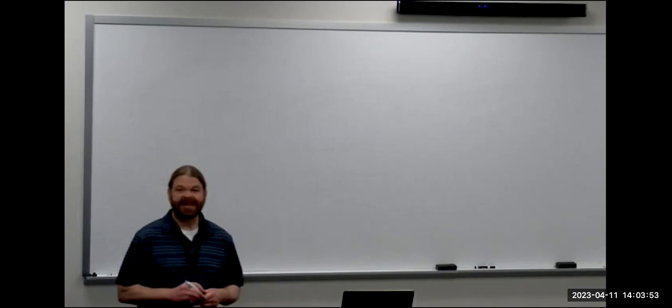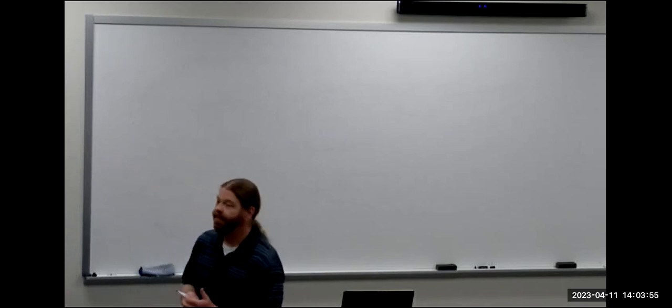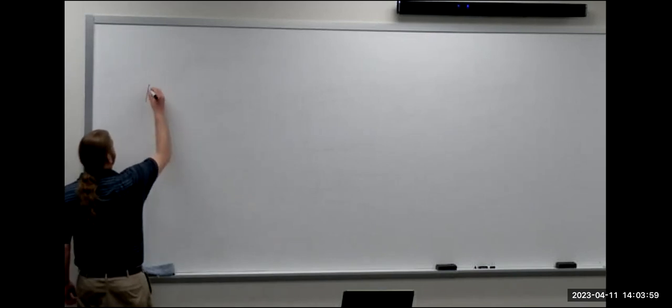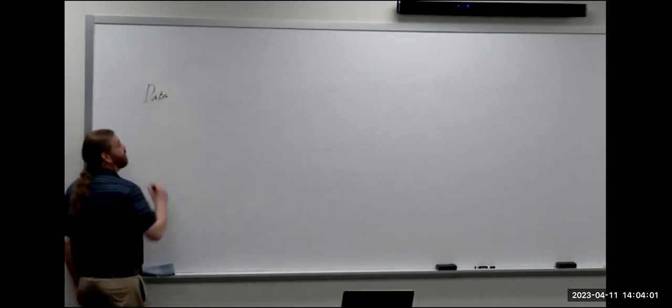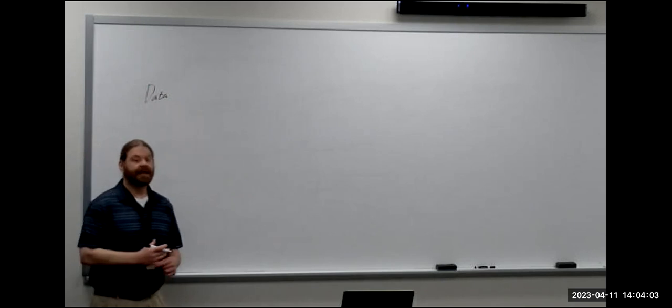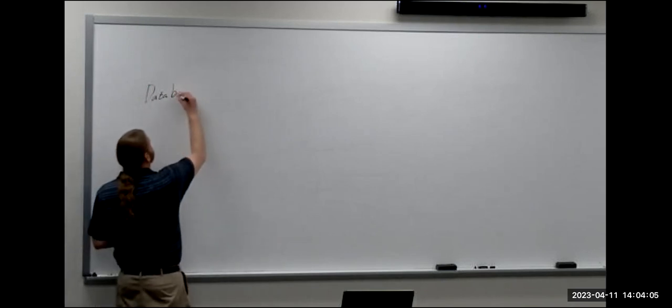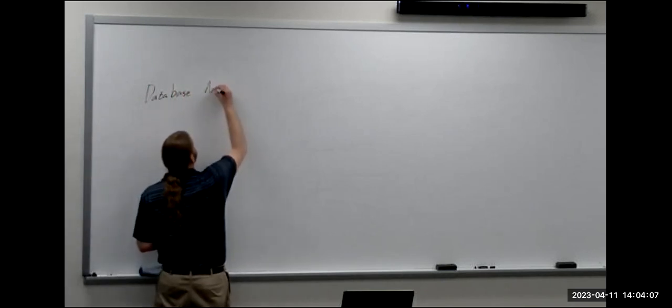So kind of an important thing, but in a classroom setting, it's hard to see the importance. But it's a set of rules that will guarantee we have a really, really nice database. Database normalization.